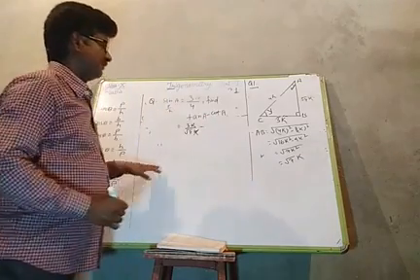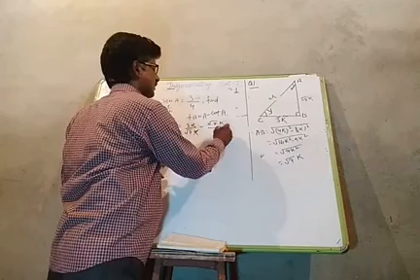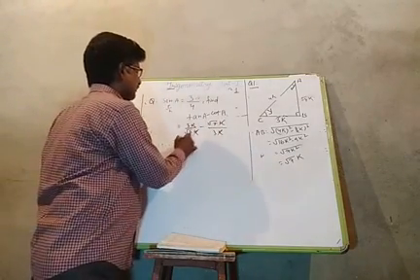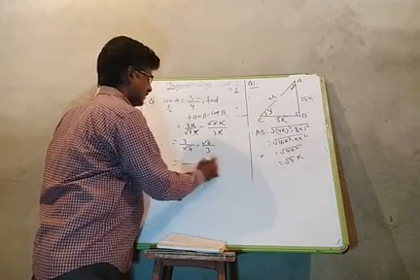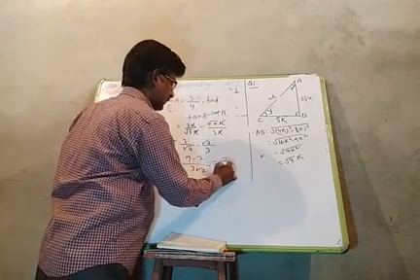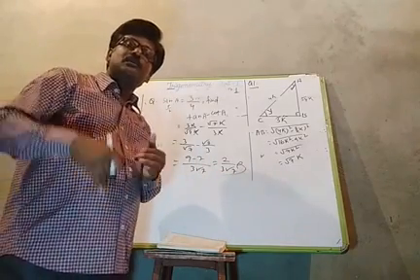Minus cot A, B by P, that is root 7K by 3K. Once again K will be cancelled, and after cancellation it will be 3 by root 7 minus root 7 by 3. The LCM is 3 root 7, that is 9 minus 7, that is 2 by 3 root 7. So this is the answer. And this way we can solve up to question number 9.